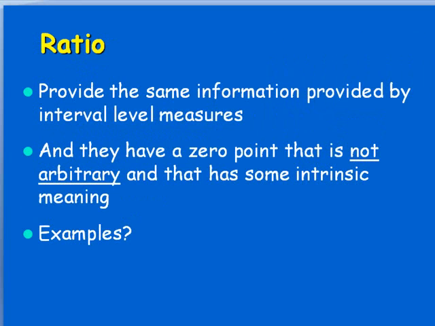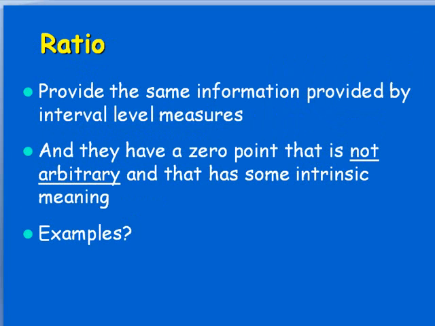And the last one, ratio, provides the same information provided by interval level measures, and it's a little tricky. The trick is deciding between interval and ratio.